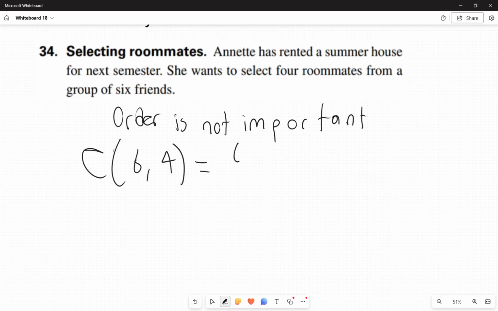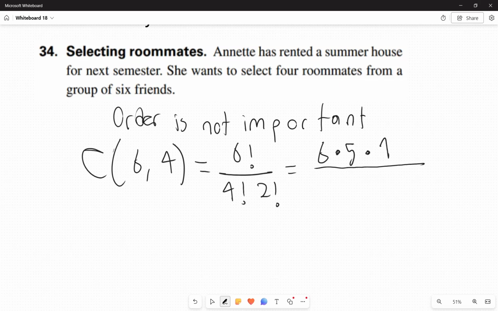The formula is 6 factorial over 4 factorial times 6 minus 4, which is 2 factorial. Then 6 factorial, you can do this with one click on your calculator. If you don't have the calculator with you, that's not a problem. This is 6 times 5 times 4 factorial. So that way we cancel the 4 factorial.